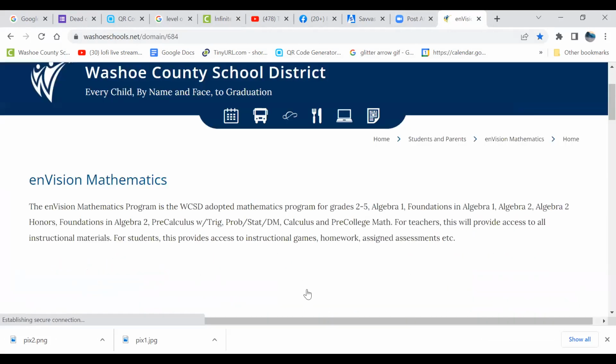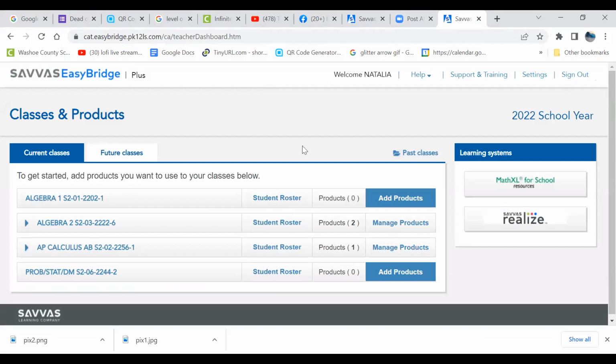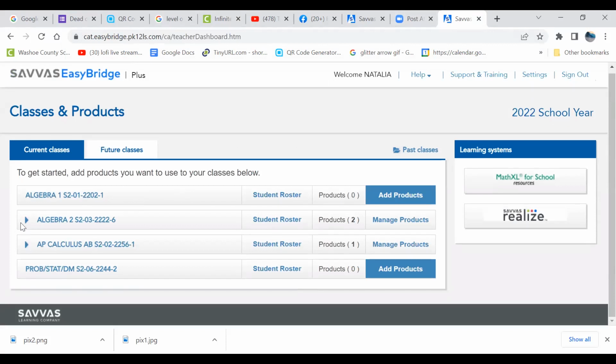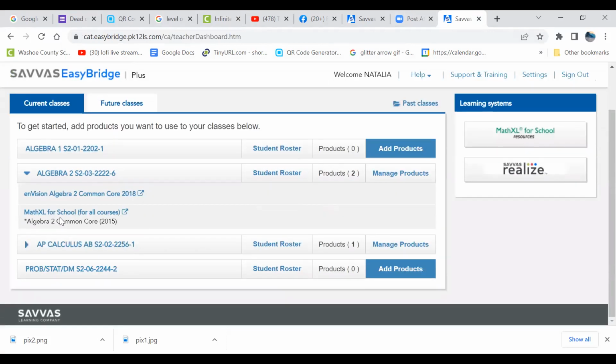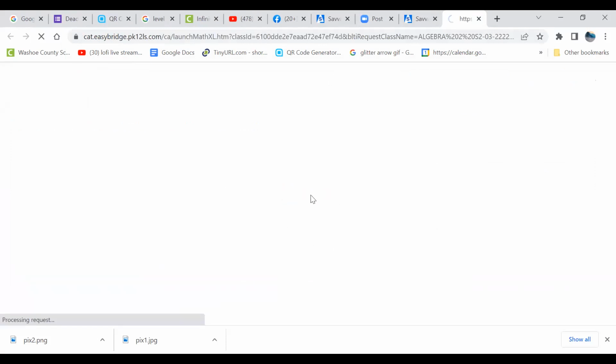For your Envision, I'm going to sign in right here. Algebra 2, and then Math Excel for School. You could do this on your cell phone or your iPad, although I think your laptop probably works best.